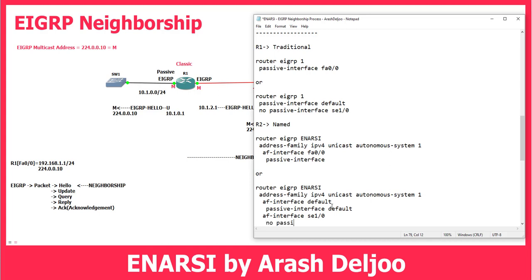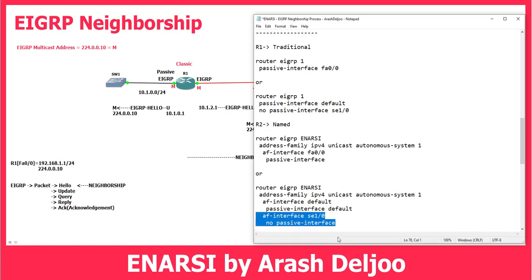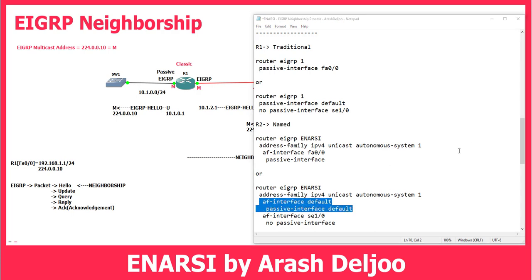You know that the commands that we configure on one specific interface have priority over af-interface default. This means when you configure all interfaces as passive with passive-interface default, and also on one specific interface with no passive-interface, finally serial 1/0 will be a non-passive interface.